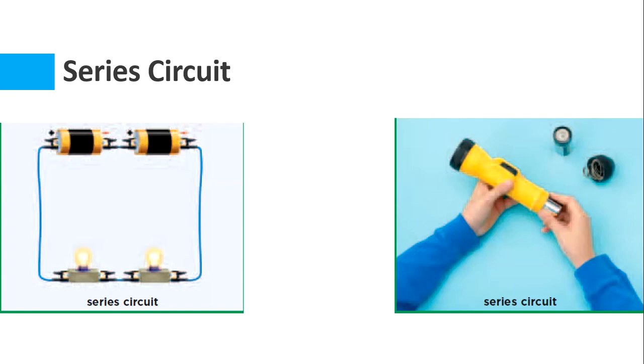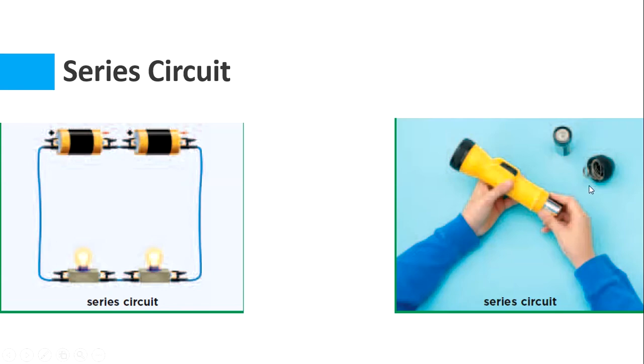Remember, in a series circuit, we took it before also, there is only one path for the current electricity that can flow. There is only one path, only one road, through which the electricity can flow. For example, in a flashlight, the electric charge flows along a single path from the batteries to the light bulb.